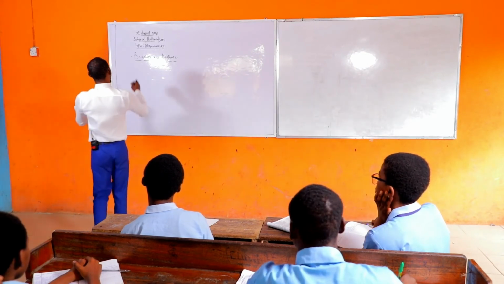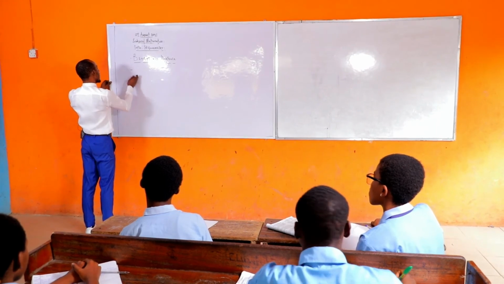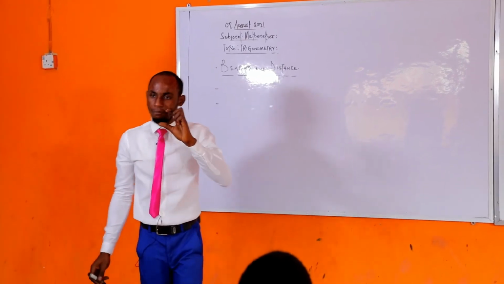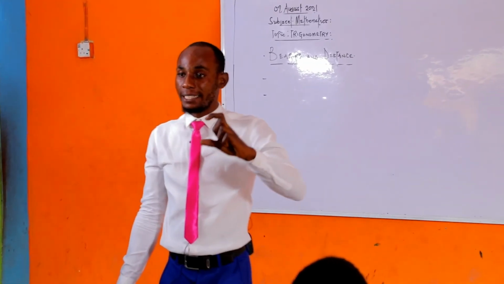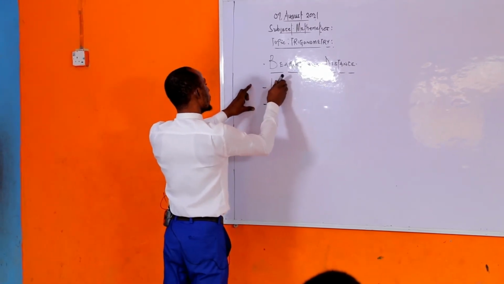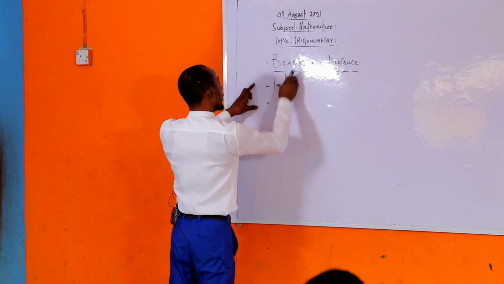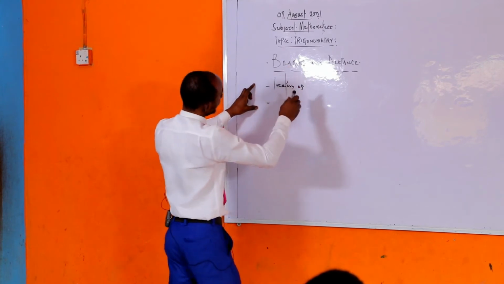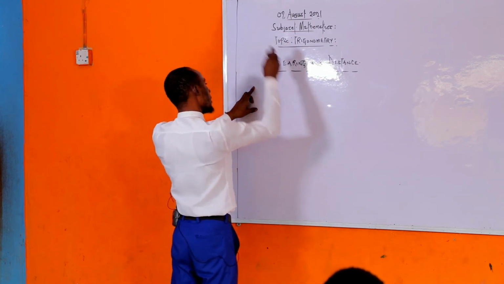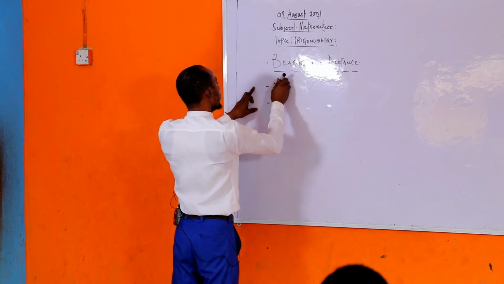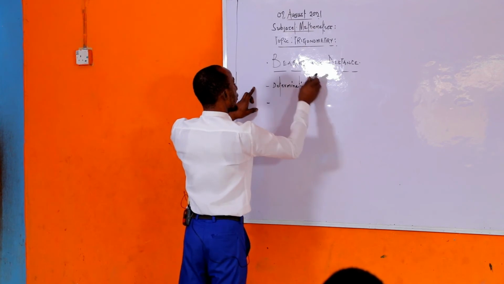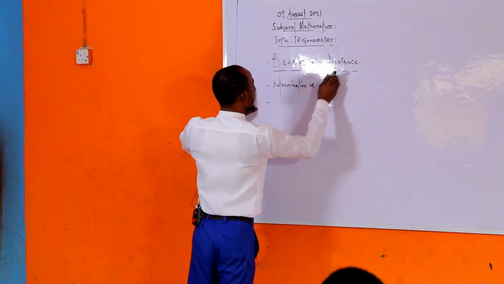Now, what are our aim of studying bearing and distance? One, there are two basic aims. There are two reasons why we will study bearing and distance. The first reason is location. Location of what now? Okay, sorry. The first reason is determination of distance.